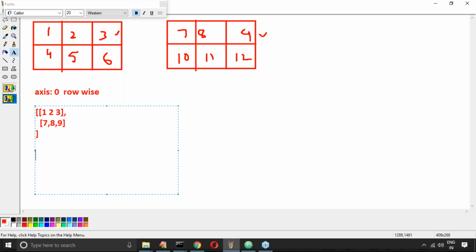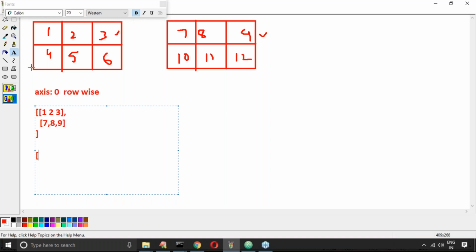Now the second 2D array. Row wise we require to stack. If it were an xyz axis, it would become easy. Just observe carefully.